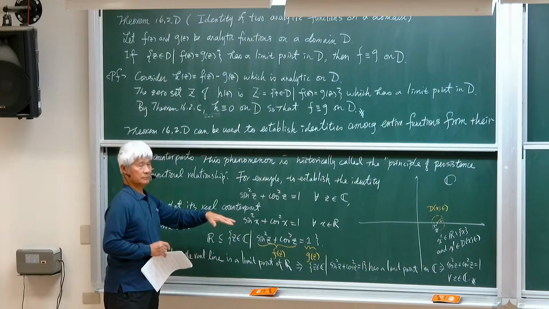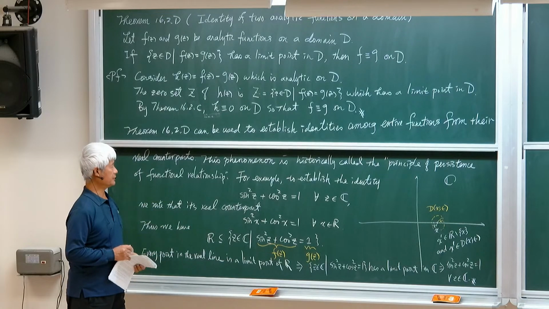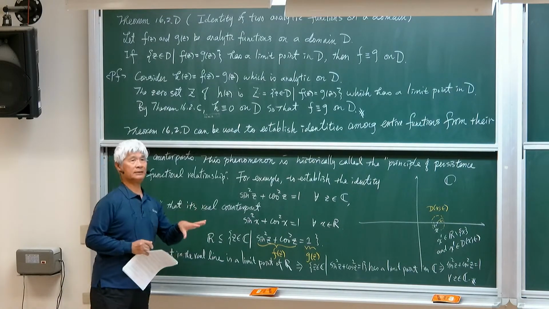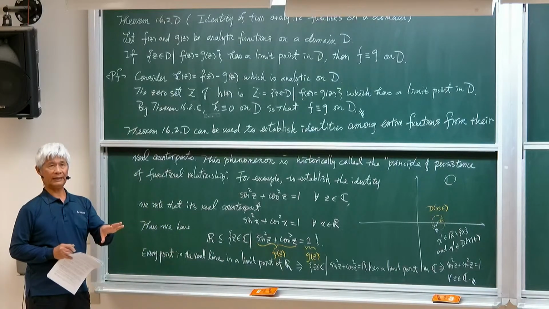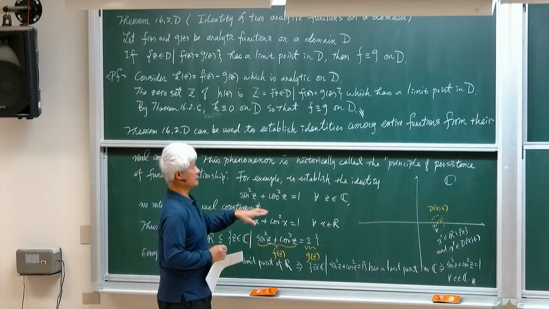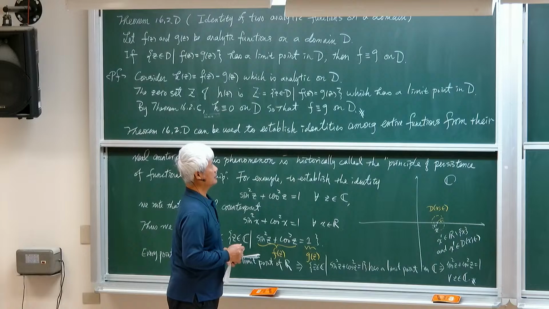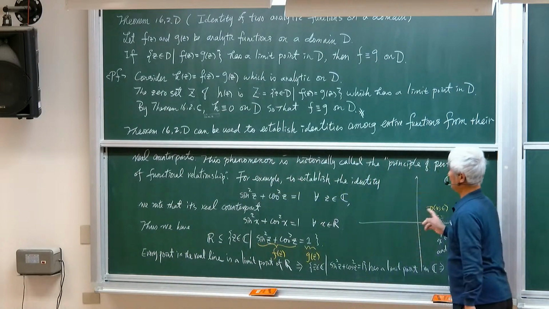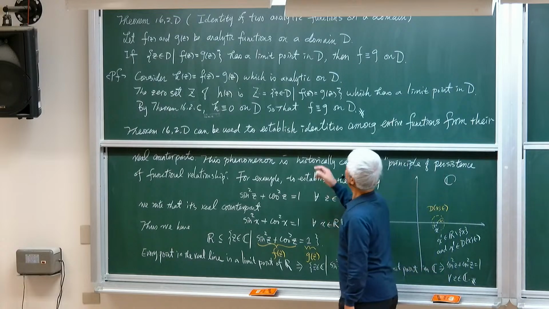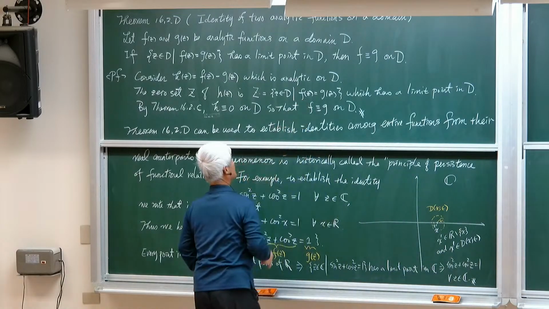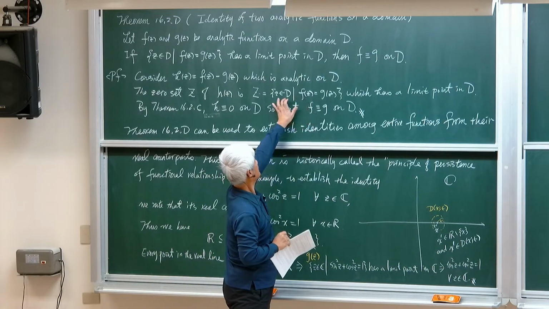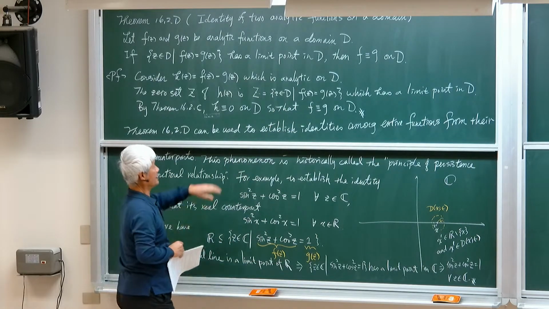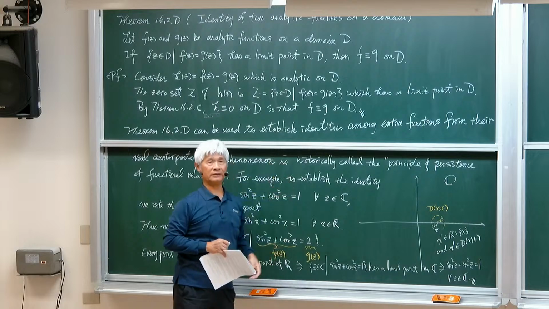If you deal with a function which is not entire, then you can consider functions in an open connected domain, so that you look at this set and find that it has a limit point in the defining domain.